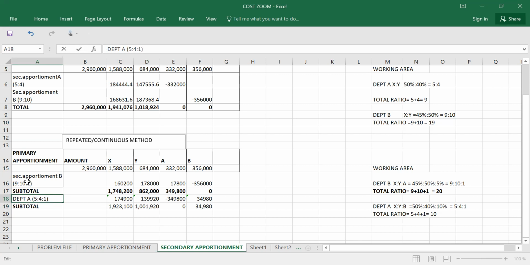So again, this guy comes back, but it is department B, and it is in the ratio of 9, 10, I think, and 1. Yeah. So again, B comes back to distribute because it has now this, right?